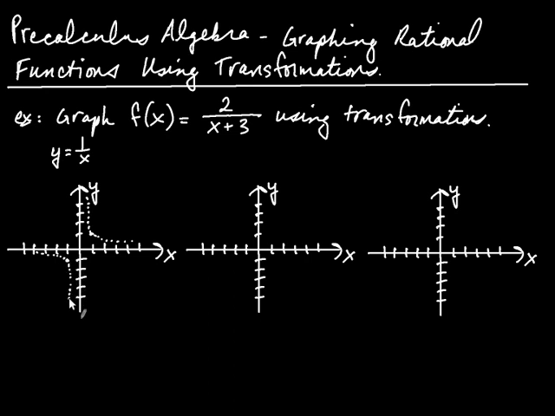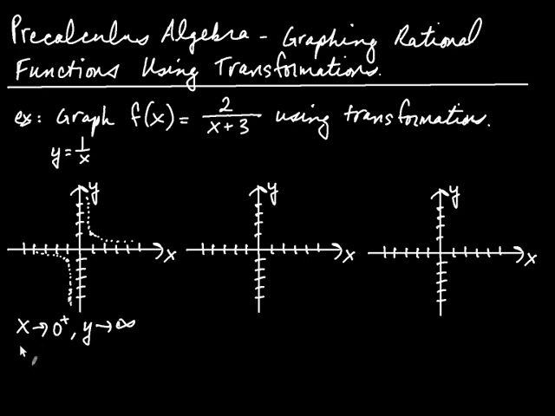Okay, and one important feature of this function 1 over x is that as x goes to 0 from the right, using arrow notation, the output, the y, goes to infinity.